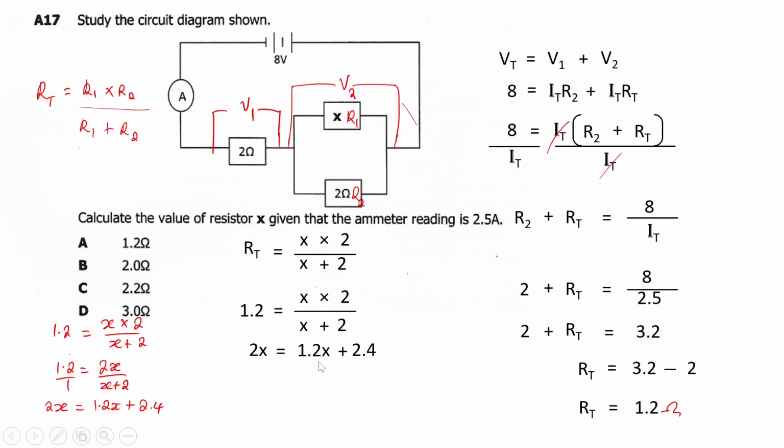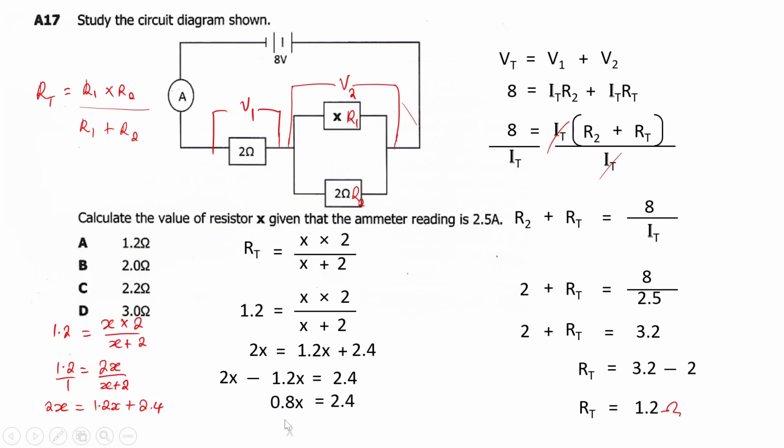So from here you make X the subject of the formula. You collect like terms, 2X minus 1.2X, you remain with 0.8X is equal to 2.4.